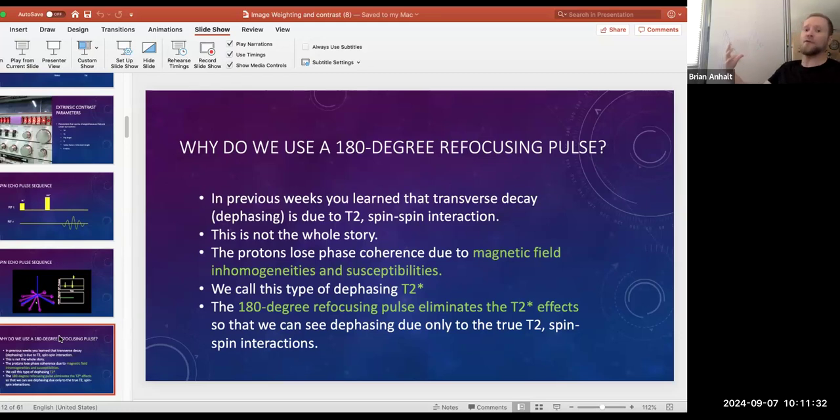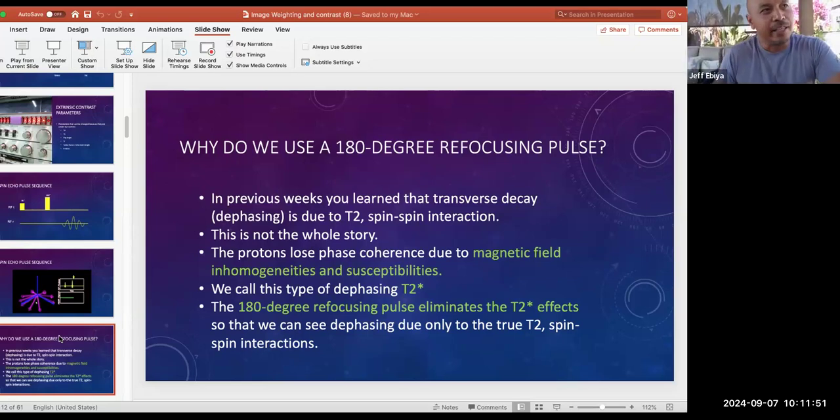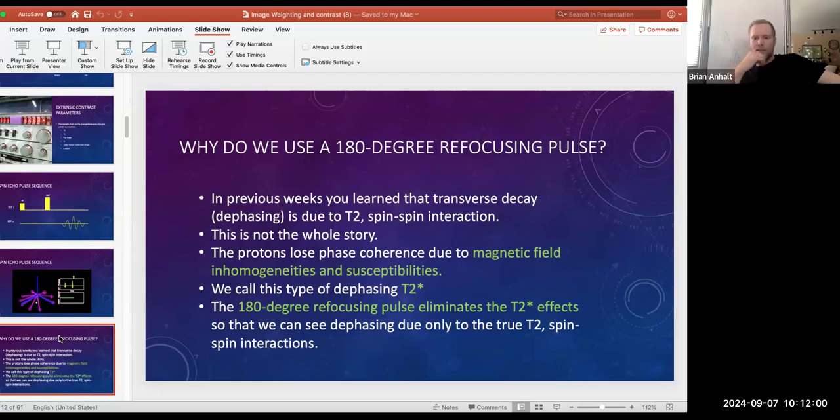Spin-spin interactions are also happening, but in addition to that, there are inhomogeneities. Also, what was magnetic susceptibility? What did we define that as? It's matter's ability to influence a magnetic field, right?